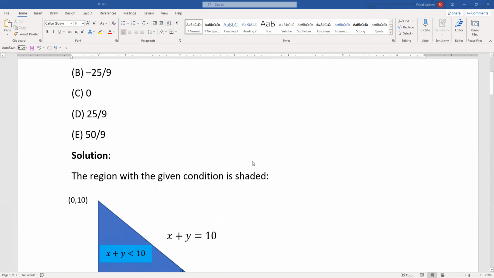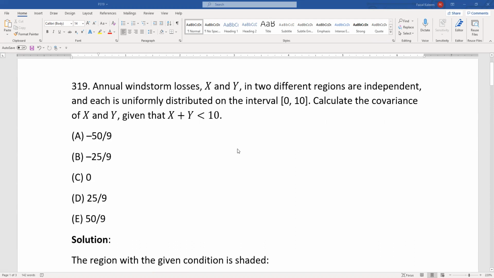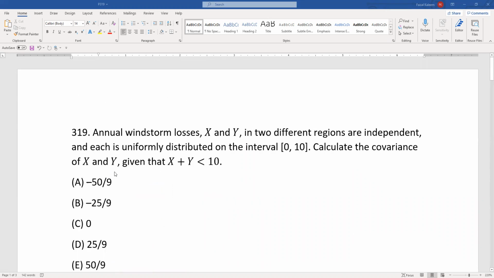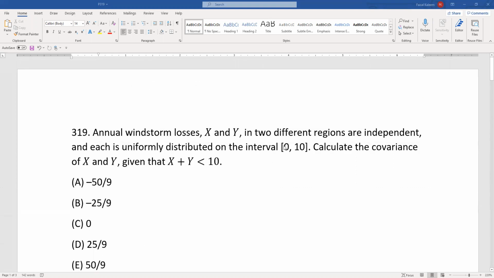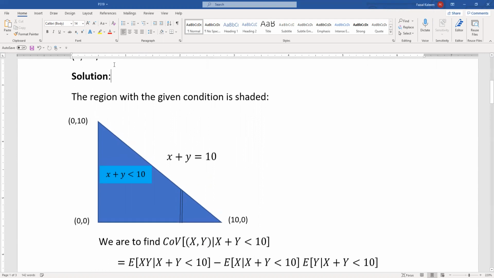So the given condition is X plus Y is less than 10, and the initial region is X between 0 and 10 and Y between 0 and 10, because both X and Y are uniform on 0 and 10. Maybe we can make a note of this.